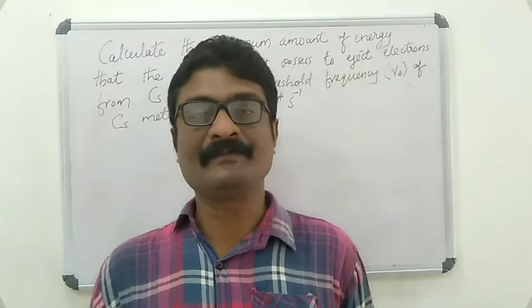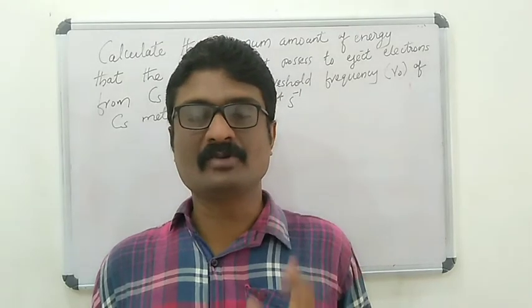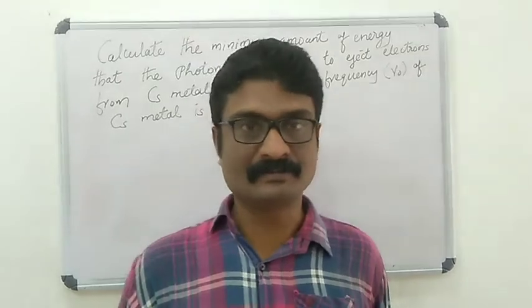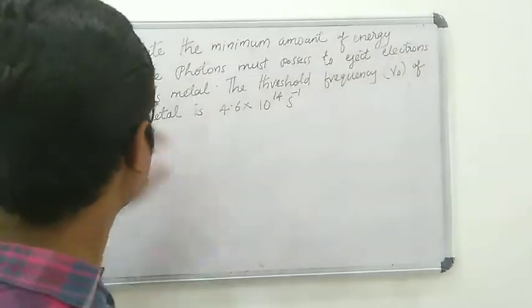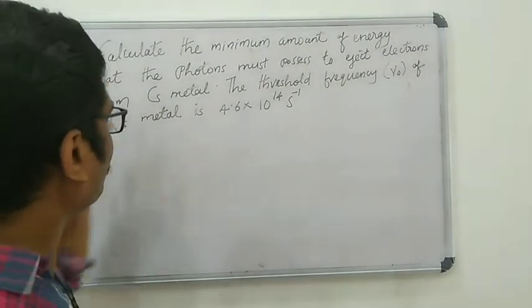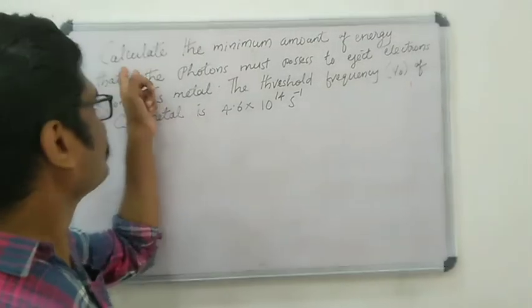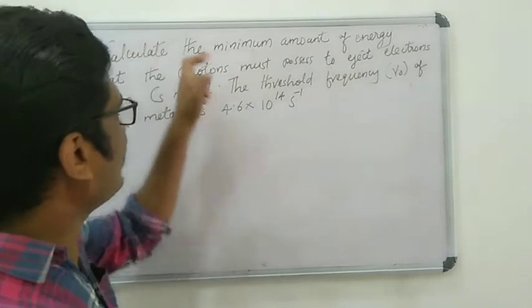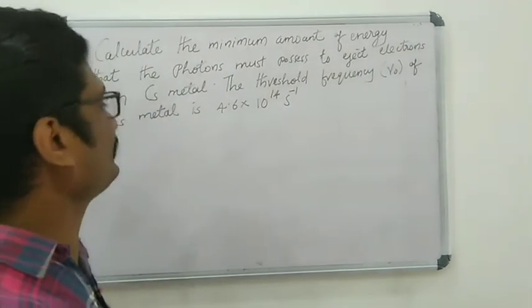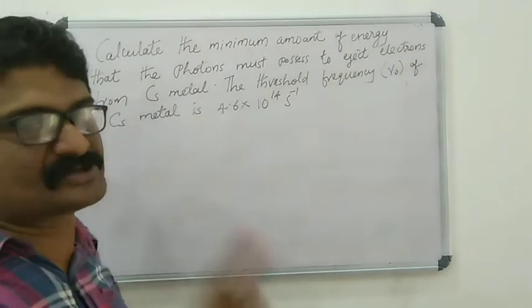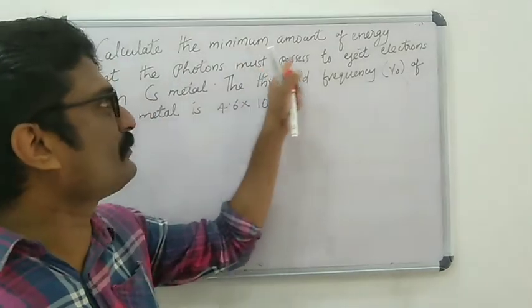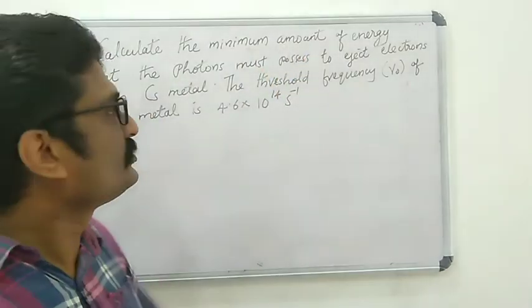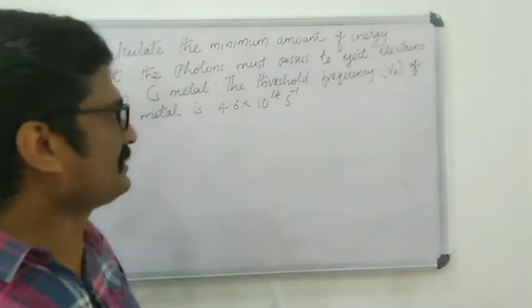Let us solve some important problems related to Planck's quantum theory of radiation. First problem, a very simple problem. Please listen. Read the question carefully. Calculate the minimum amount of energy that the photons must possess to eject an electron from cesium metal.